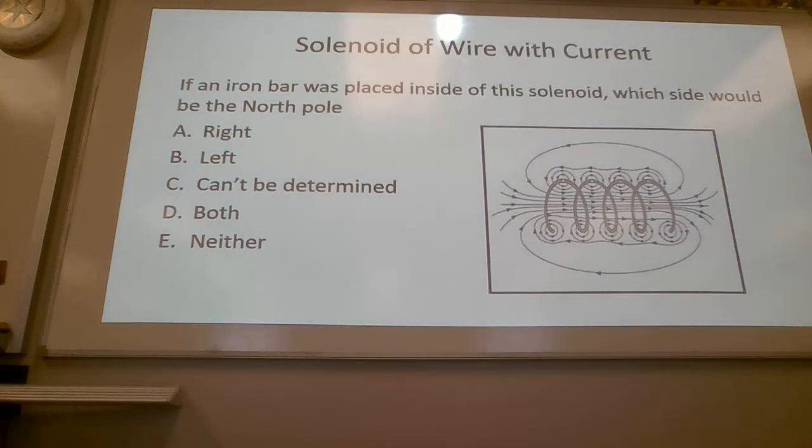So on this question, I'll give you a hint. It's not a right-hand rule thing. You're just looking at the magnetic field.